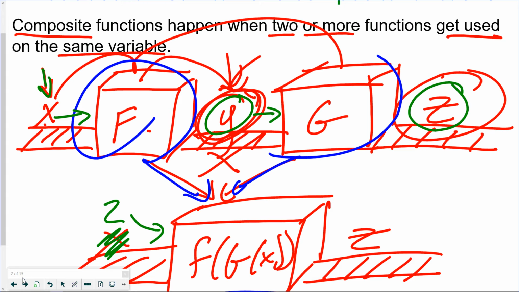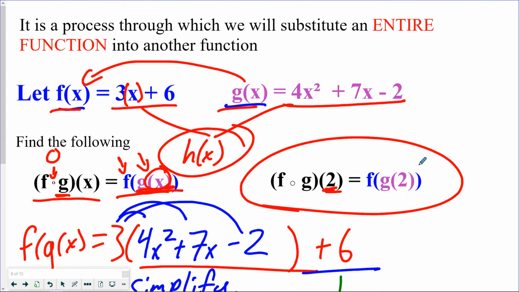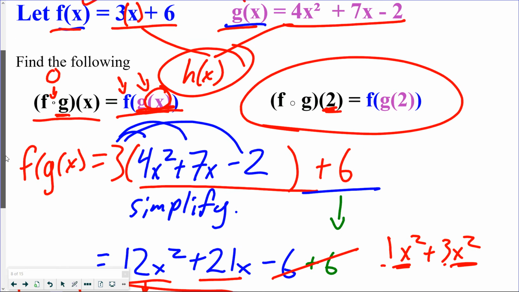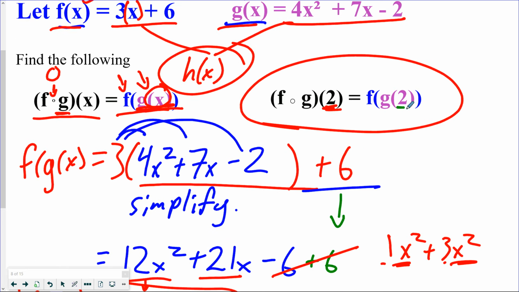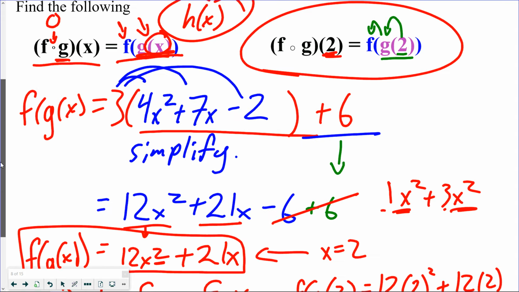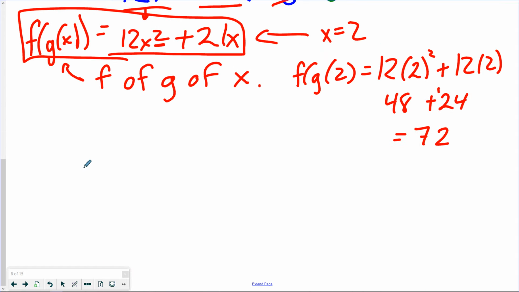So here, if we look at this, the 2 is inside the g function. So that means we're going to plug the 2 into the g, and then whatever we get from that, we'll plug that answer into f. So here's our g function. I'm going to plug 2 into that. So g of 2 is 4 times 2 squared plus 7 times 2 minus 2. Let me just double check the function.